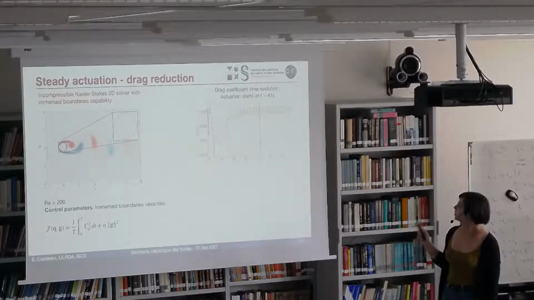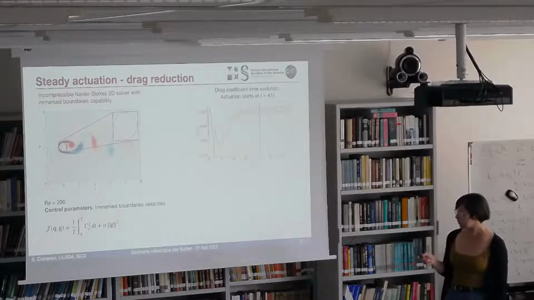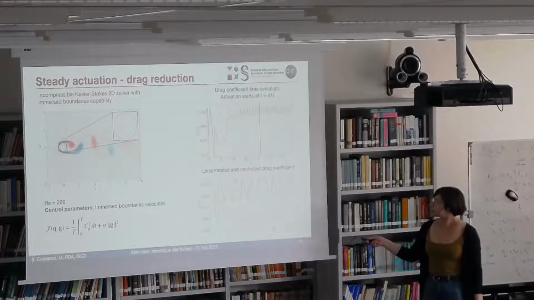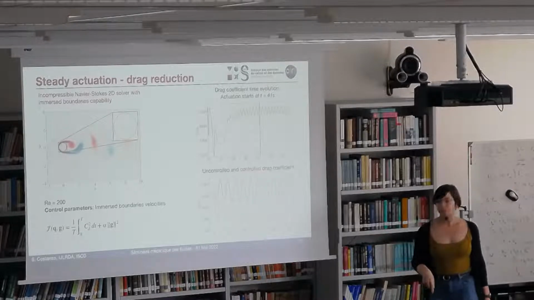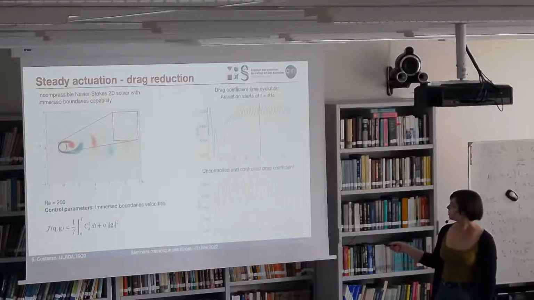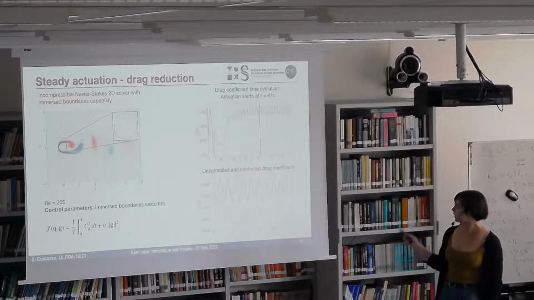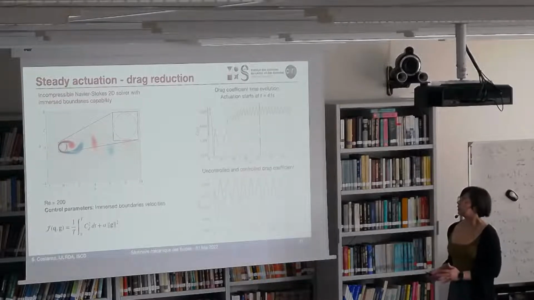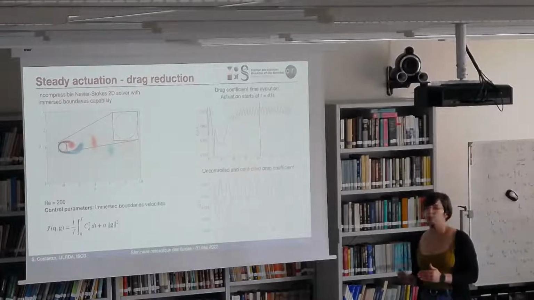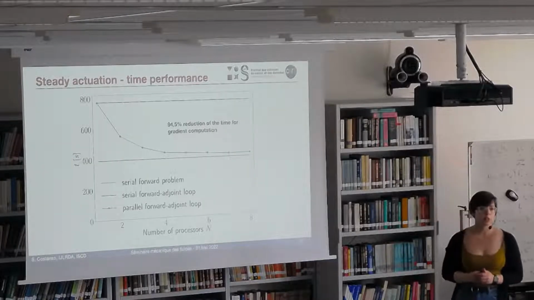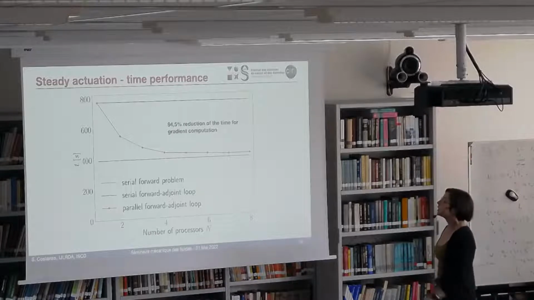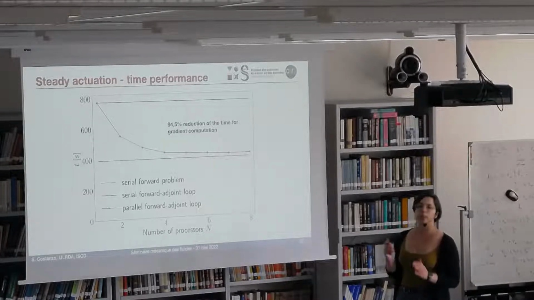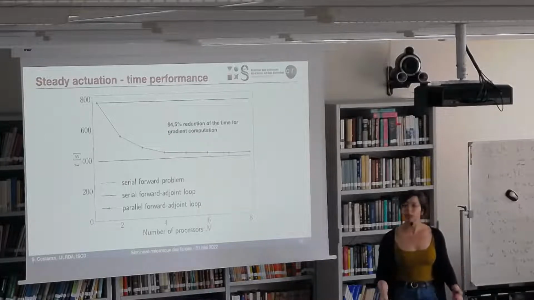So we start the simulation. When we arrive at a stable oscillation, we start the actuation. And we can see in the red line the controlled drag coefficient. We can see that we can reduce its magnitude, its oscillation, and a little bit also its phase. But in this context, we are more interested in the time performance of the algorithm. So in this graph, I show the time needed to solve the serial forward problem, without the adjoint, without the computation of the gradient.